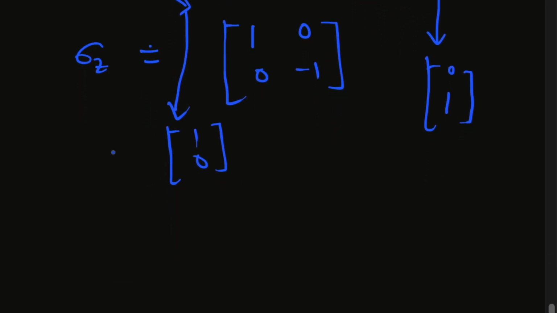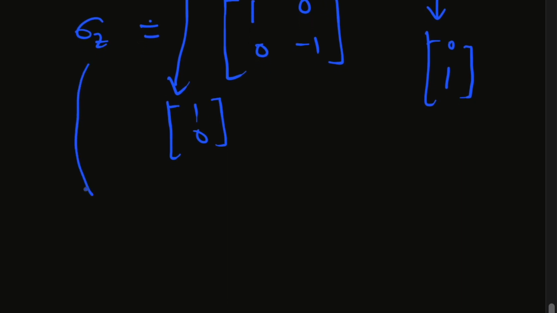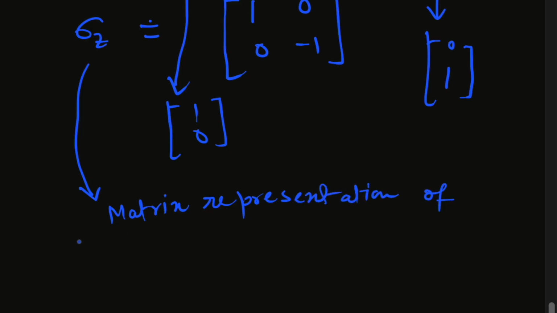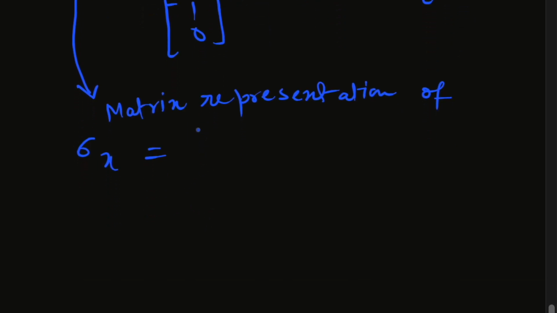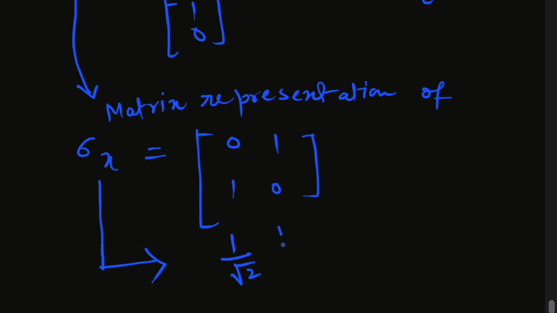And similarly the matrix representation of sigma x is [0 1; 1 0], and the normalized eigenvectors corresponding to sigma x will be 1 by root 2 (1, 1) and 1 by root 2 (1, -1).